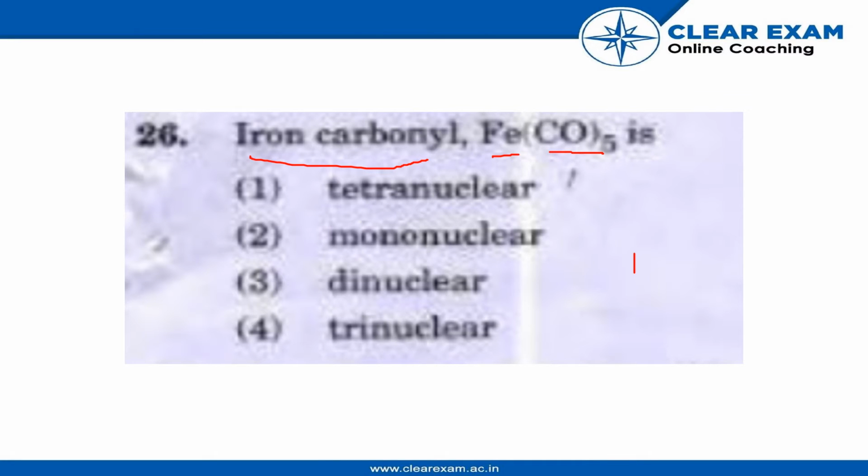So if we see here, we see what the structure of Fe(CO)5 is. So we have 5 C's, something like this.